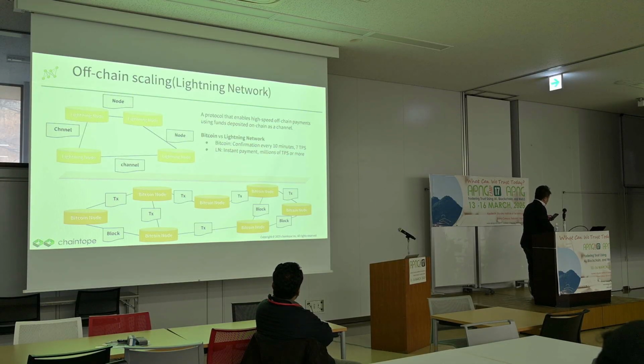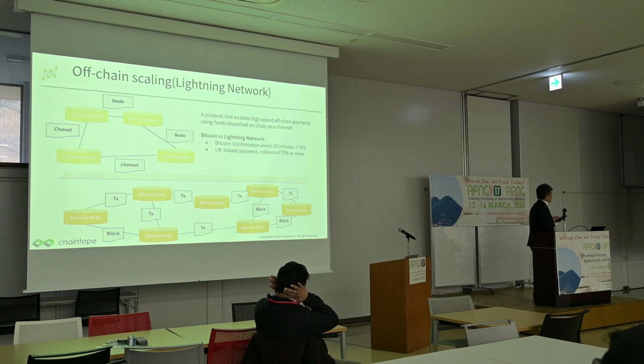The solution allows funds deposited in a Bitcoin on-chain transaction to be used as a channel to make payments through similarly deployed channels without recording the additional transactions on-chain. Even so, although transactions are not recorded on-chain, funds exchanged off-chain can be settled.